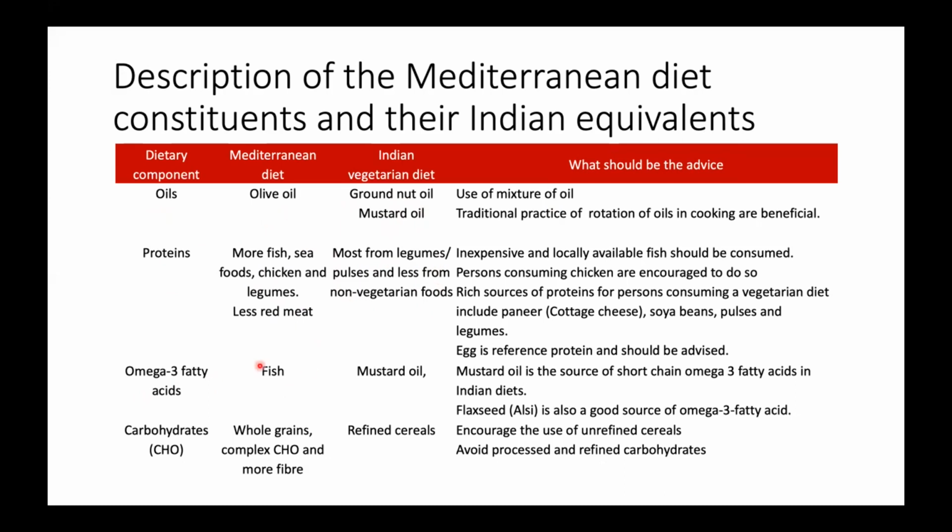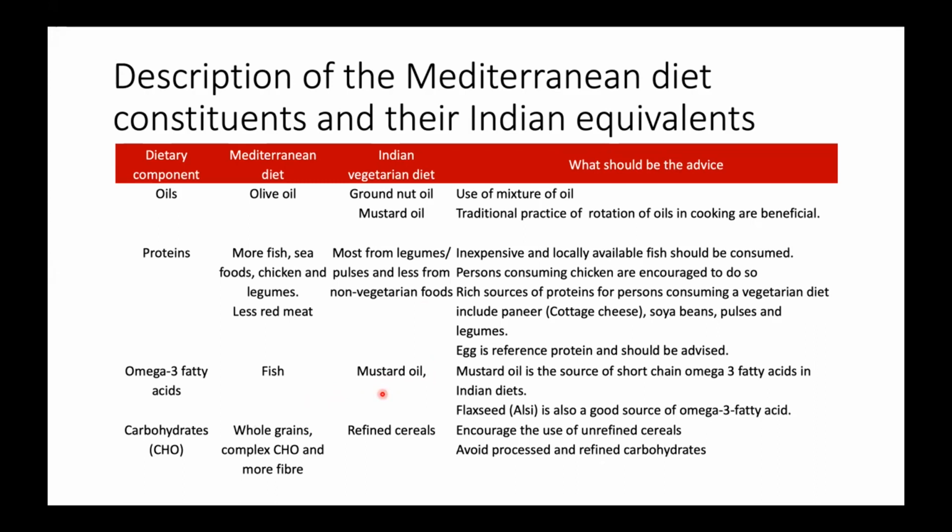For omega-3 fatty acids, fish was the main source in the Mediterranean diet. In the Indian context, we can use mustard oil, and even flaxseed oil. Flaxseed oil is very difficult to use as a cooking medium, but we can use it as a supplement.